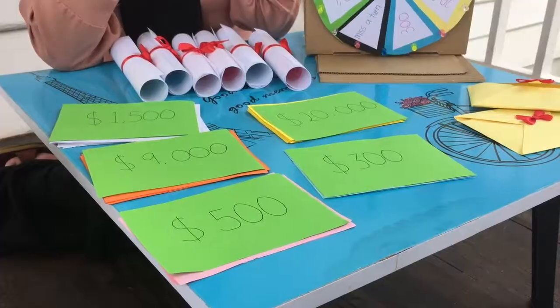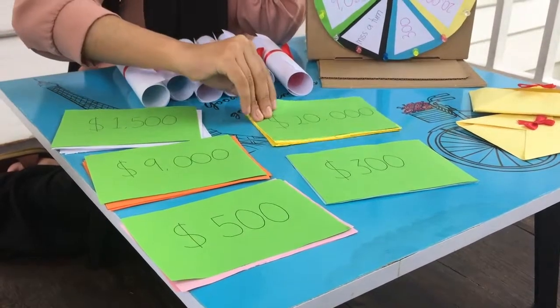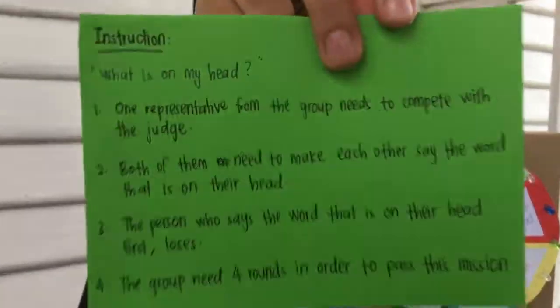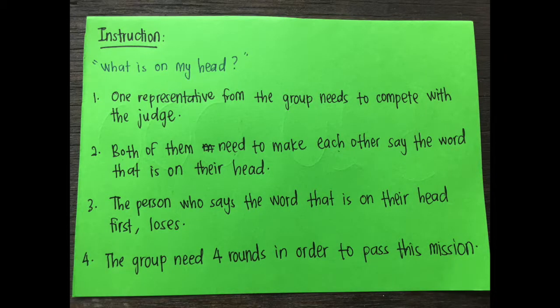Okay. Last but not least, the 20,000 Juta Ringgit mission. This mission is called What Is on My Head? The instruction for this mission: number 1, one representative from the group needs to compete with the judge. Both of them need to make each other say the word that is on their head.